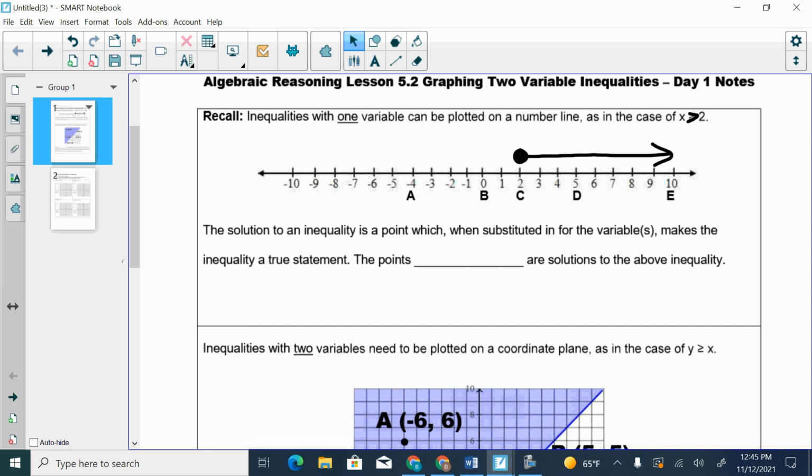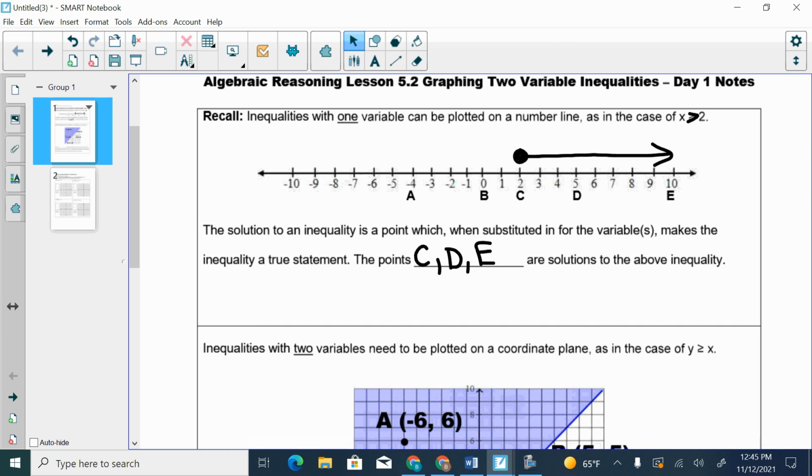So does A fall inside of that? What about B? Right, B is on this side too. C is right where it's at, and we filled it in, so C should be part of it. If it was an open circle, C wouldn't be part of it. And then we also include D and E because our arrow says that line's going to go on forever, so it will go past D and E.